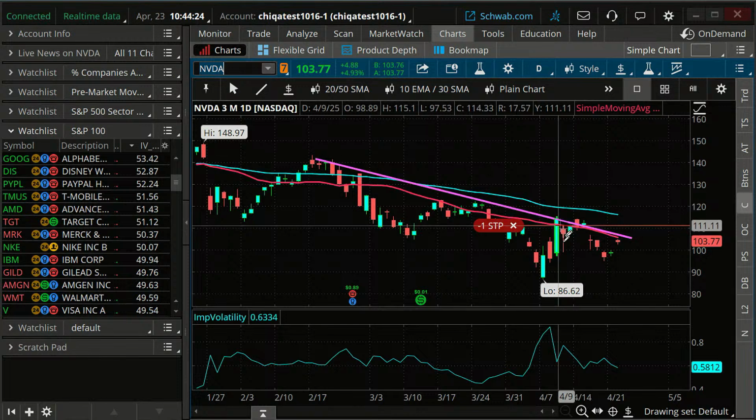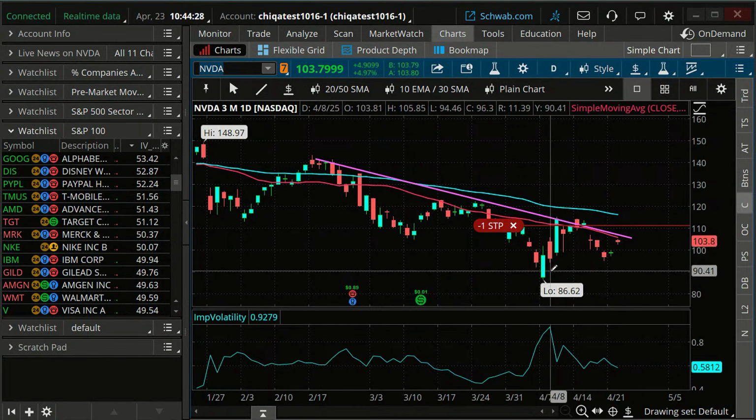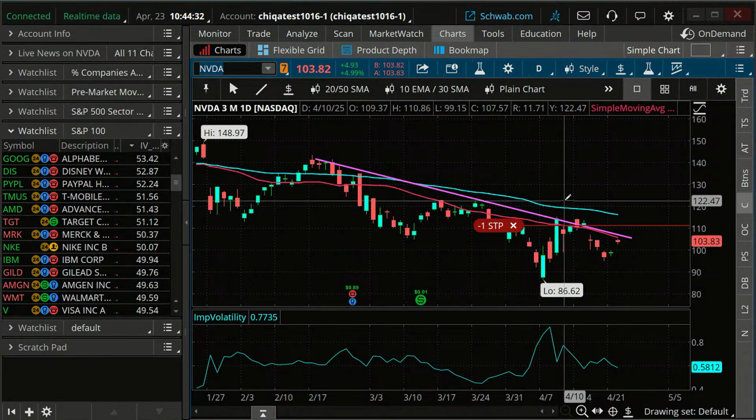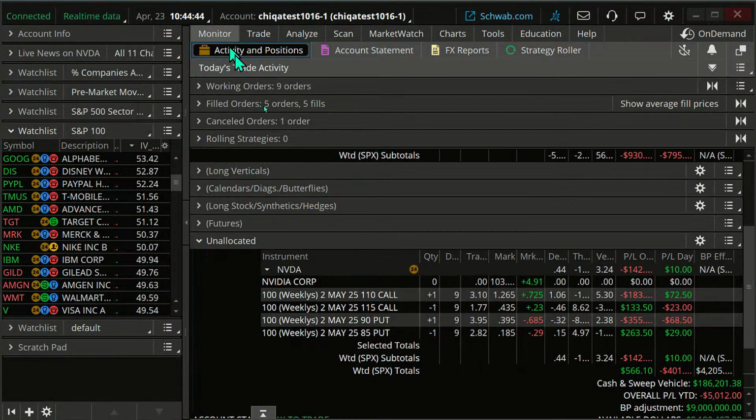We did this back here, and we want it to either go below 90 or above 110. What has it done? It's gone up and down, but we're basically where we started on this trade. So that's not what we wanted to have happen.